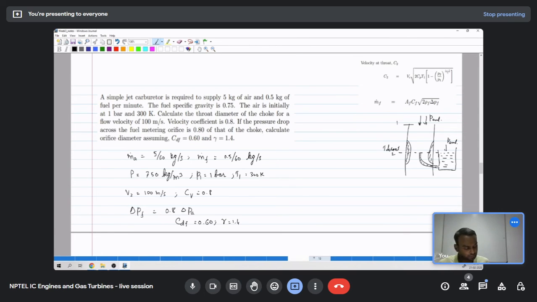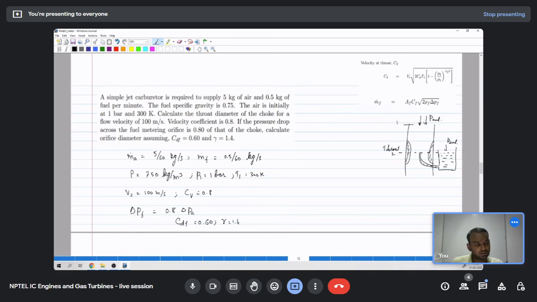Now, assuming steady flow, the energy at 1 and energy at 2 should be the same, because there is no heat transfer or work transfer to the system.